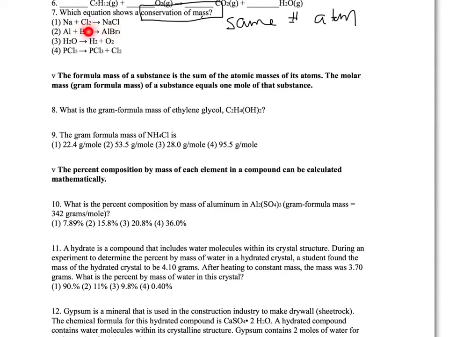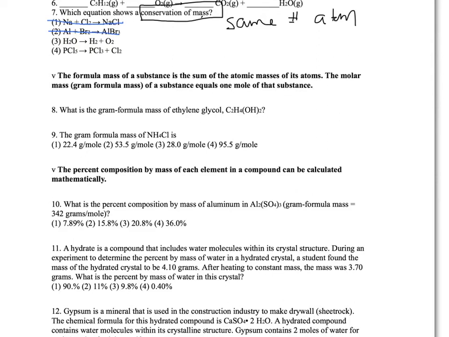But we have two chlorines on the reactants and only one on the products. So this is not showing a conservation of mass. In the next example, we have one aluminum on each side, but we have two bromines on the reactant side and three on the products. Since they're out of balance, mass is not conserved.